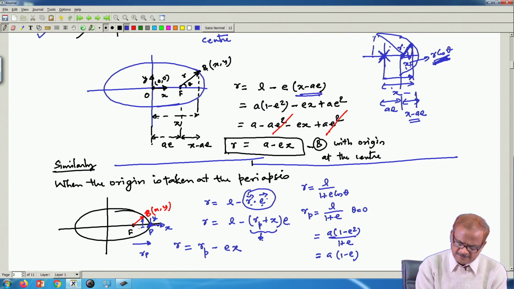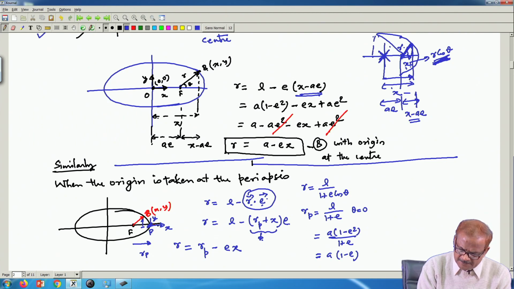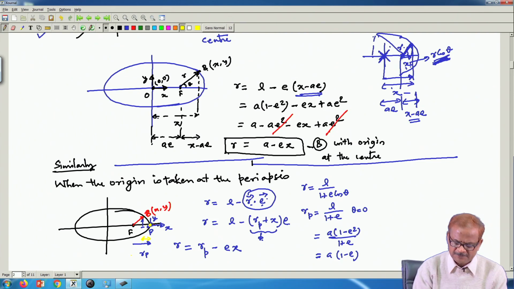While here in this case we are measuring distance from this place. I will use another color. So, we have to look for how much this distance will be. If you look for this value, r p is from this place to this place, this is your r p.